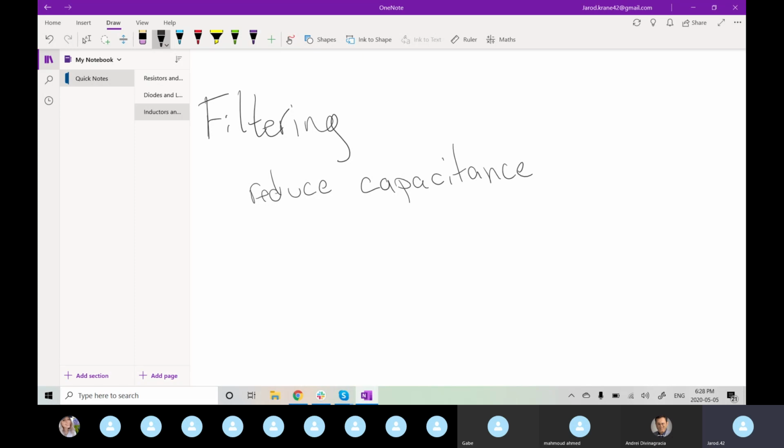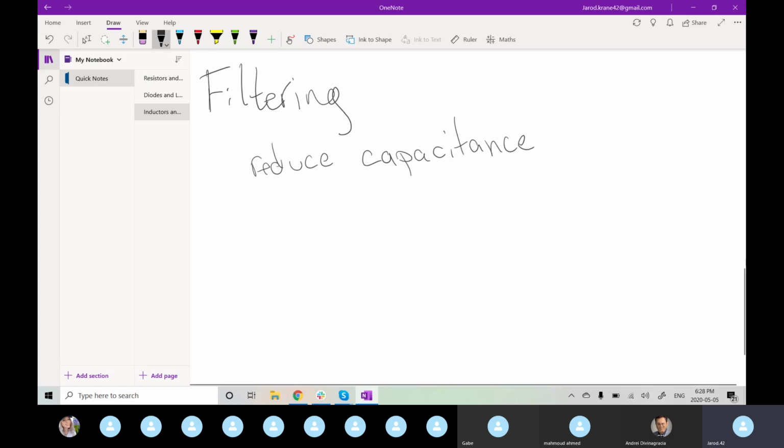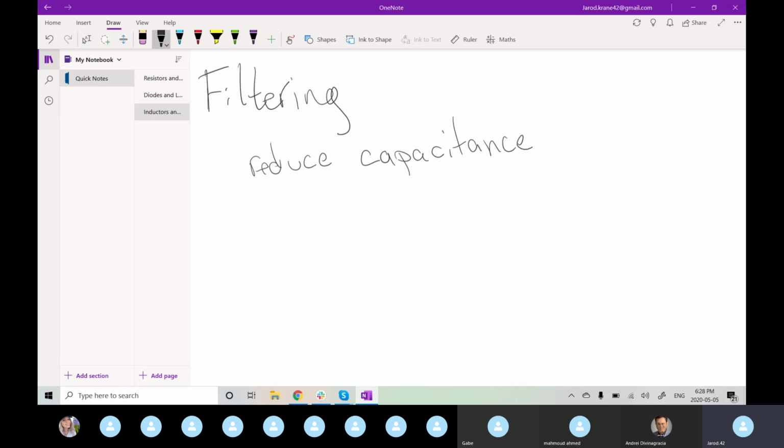If there's too much, you add inductance, or vice versa. It can also be used like how the capacitor will be used. We'll see it for low pass filters, high pass filters, and a full range of other filters.